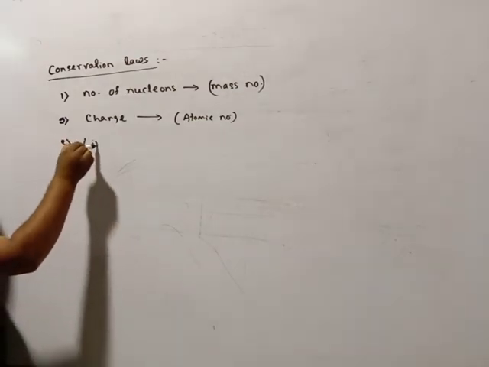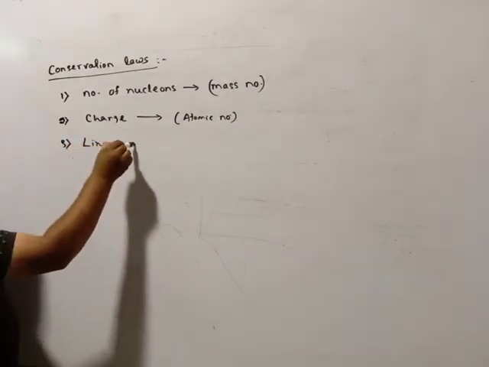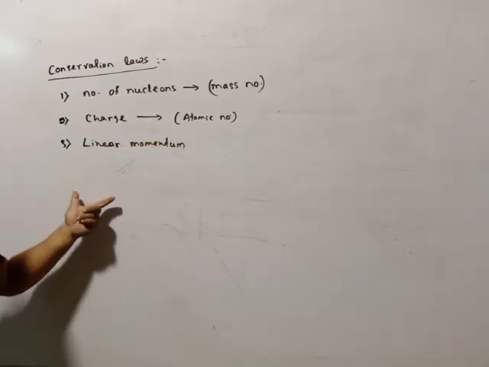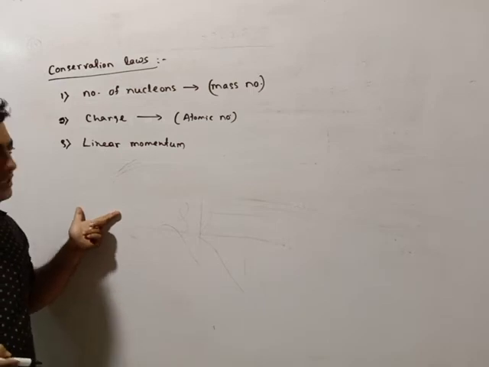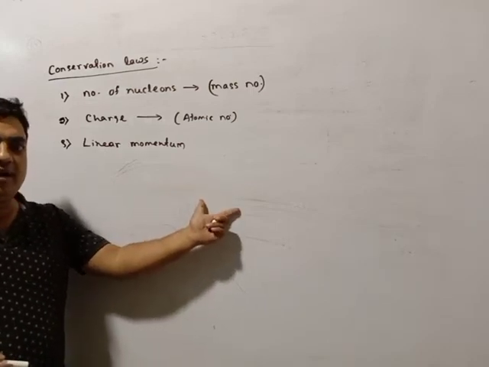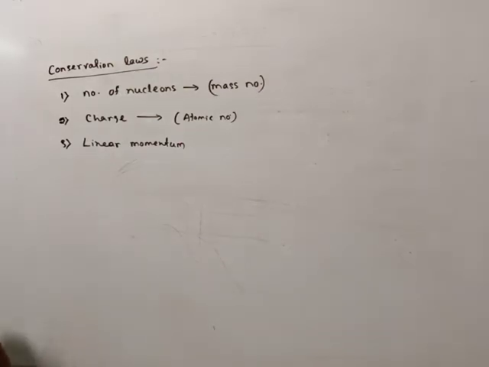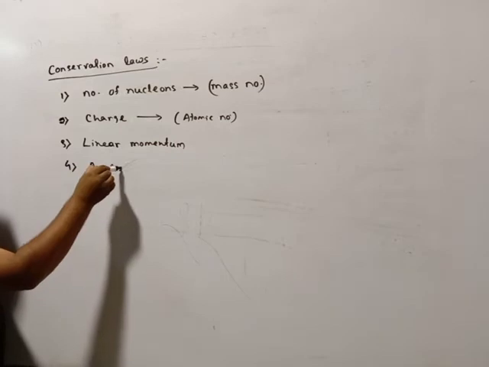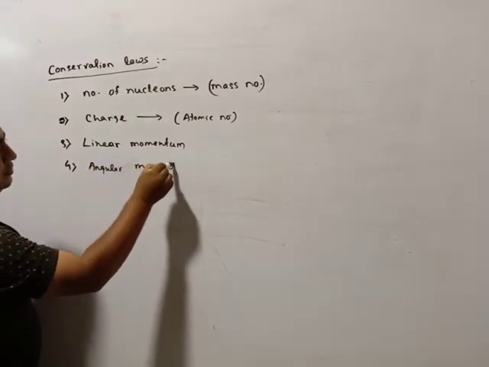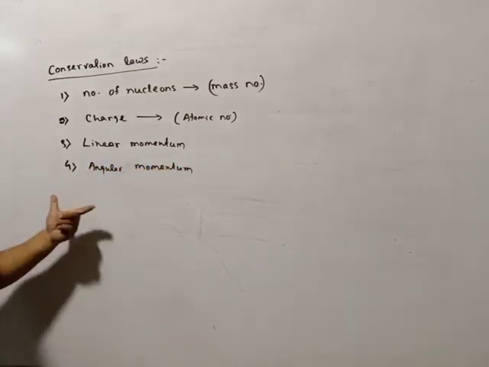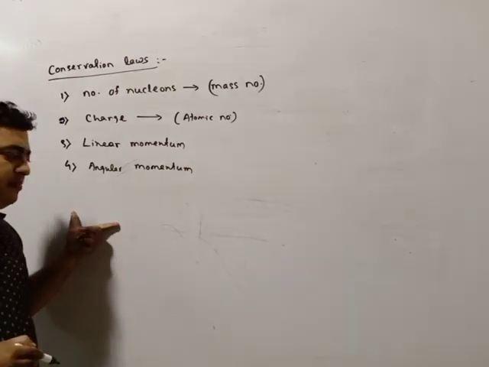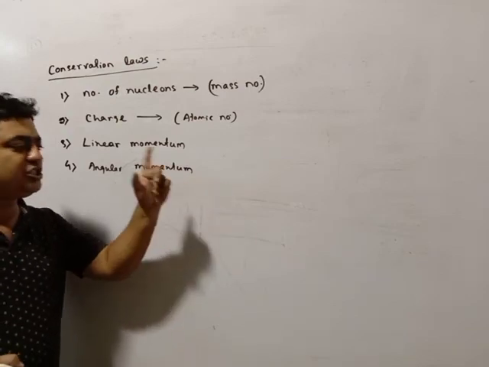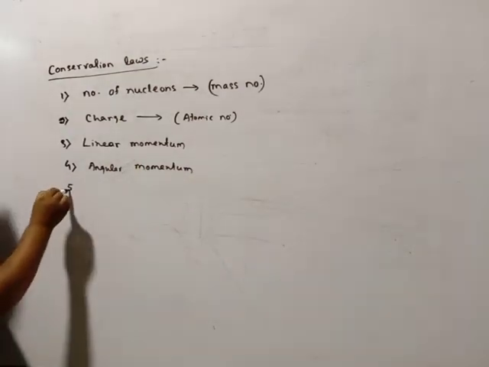Third one, linear momentum is conserved. That means linear momentum of reactants before the reaction is equal to linear momentum of products after the reaction. Fourth, angular momentum is conserved. So, total angular momentum of reactants before the nuclear reaction is equal to total angular momentum of products after the nuclear reaction.